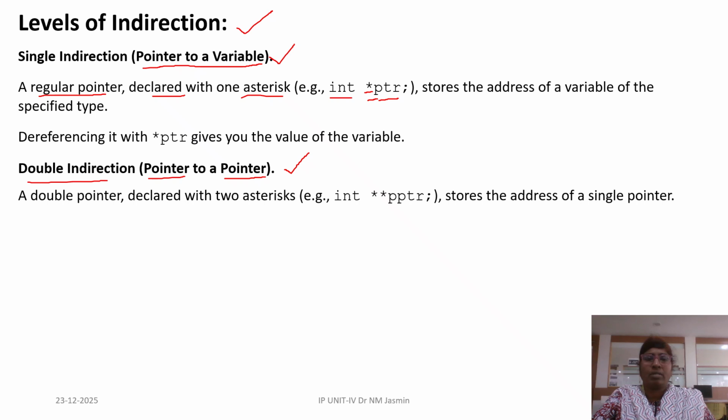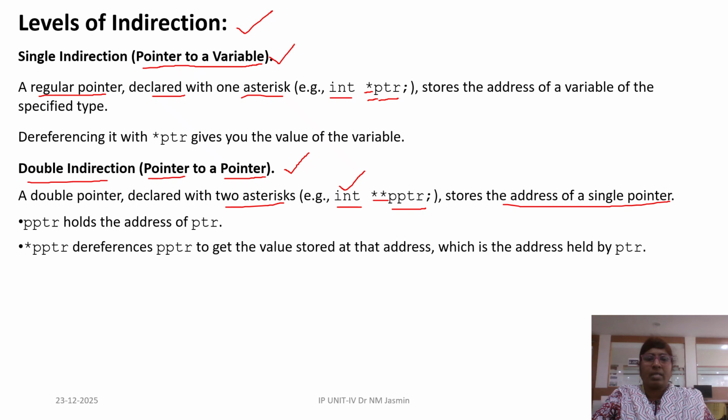In the declaration of this double pointer, we use two asterisks, and it stores the address of a single pointer. This is the syntax, with integer as the data type, the dereferencing operators for double indirection, and the pointer name.